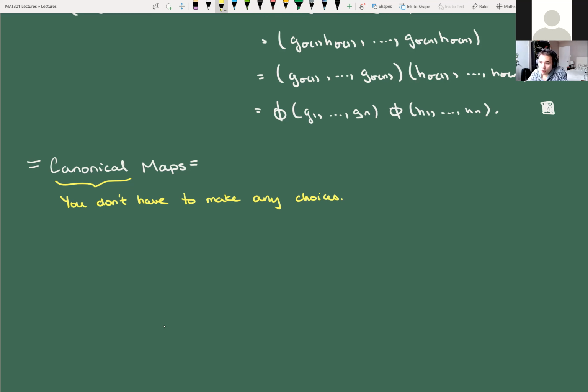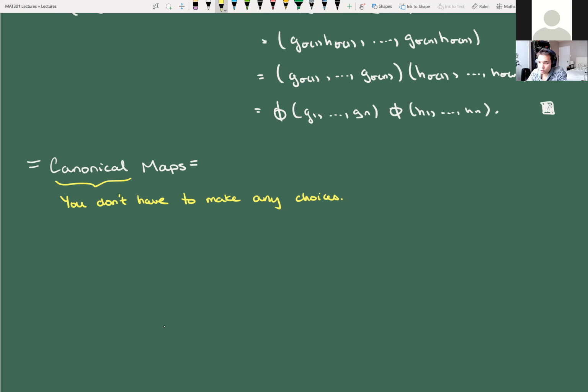Often, for example, when you're doing isomorphisms, you have to make a decision. Think about showing that two vector spaces are isomorphic. What do you usually do? You fix a basis for the first vector space, you fix a basis for the second vector space, and then you map one basis to another. That isomorphism depended on your choice of basis.